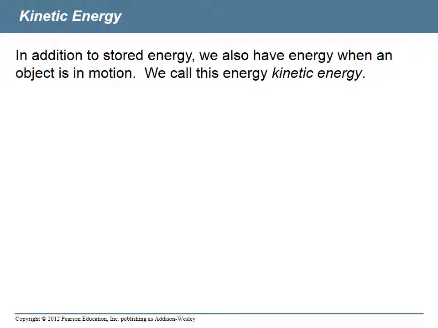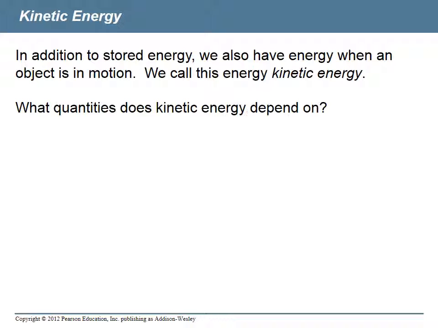Now we also have energy of things in motion, right, which we called kinetic energy earlier. So think about this for a second. Pause it for a second, and ask what quantities does kinetic energy depend on? You have something moving, and you say, well, that's a lot of energy in that thing that's moving.